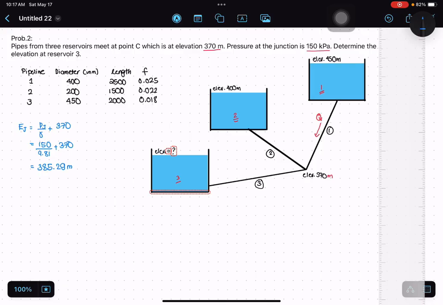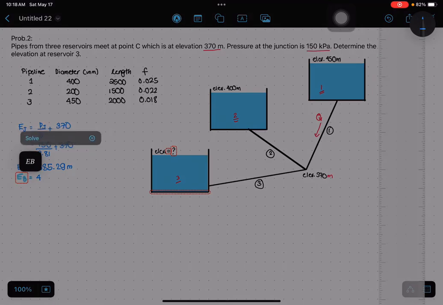Paki-check lang, 150 divided by 9.81 plus 370. Yes, 385.29. And then yung sa B, it's just the elevation of 400.